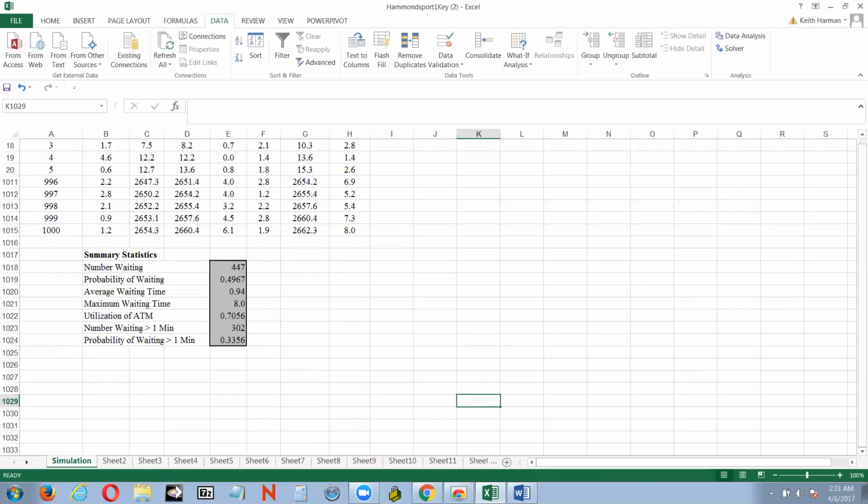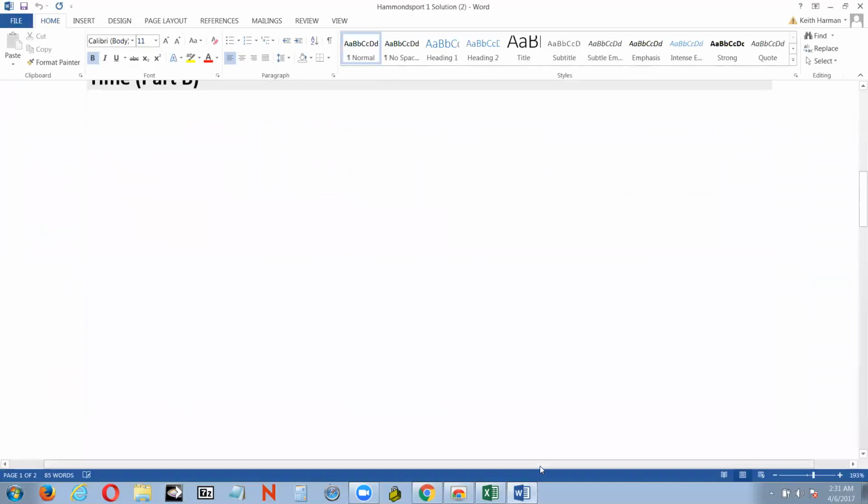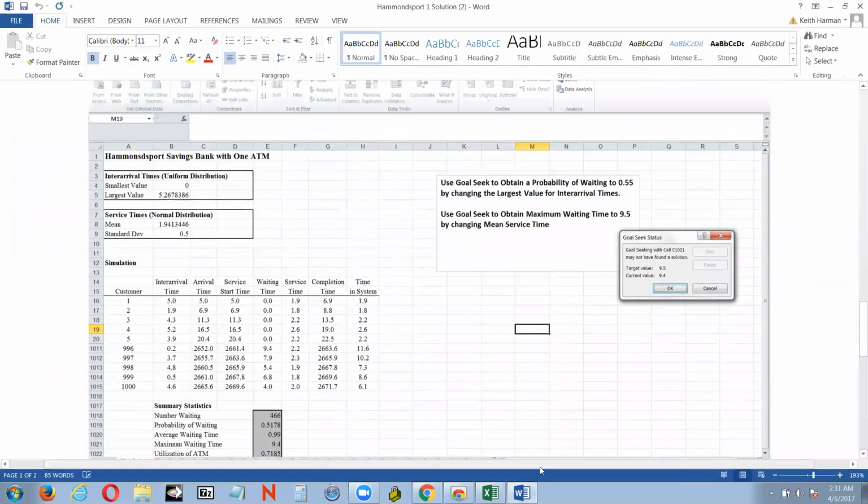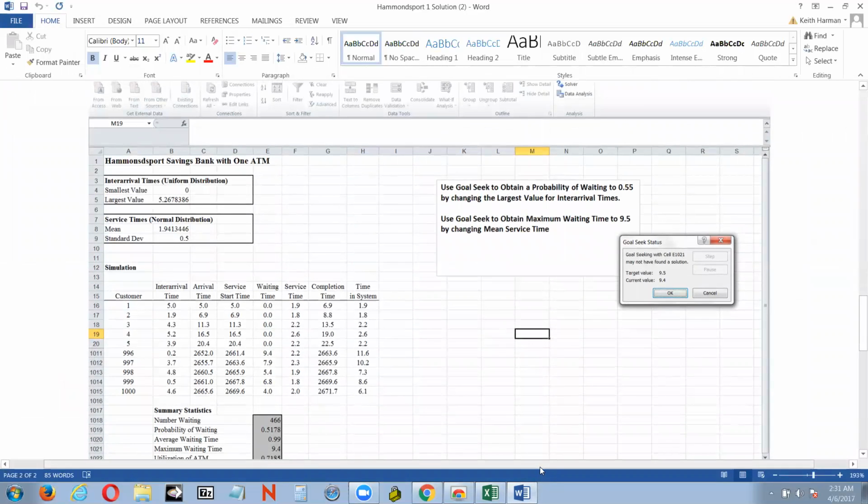Now I want to open up a screenshot that I did here. And here I had the target value of 9.5. And I got to a current value of 9.4. So if you look there, I've got a maximum waiting time of 9.4.